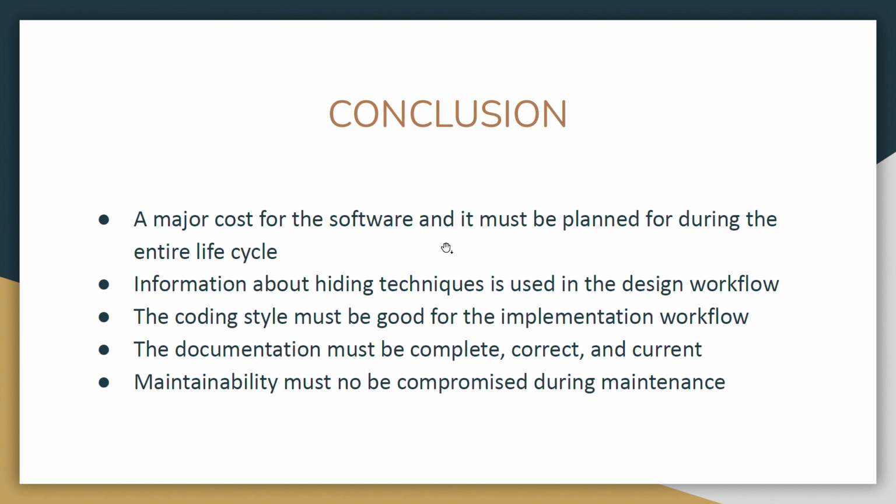The documentation must be complete, correct, and current. Other than that, maintainability must not be compromised during maintenance. It is quite challenging and critical that the best people should be put on the task and rewarded accordingly.